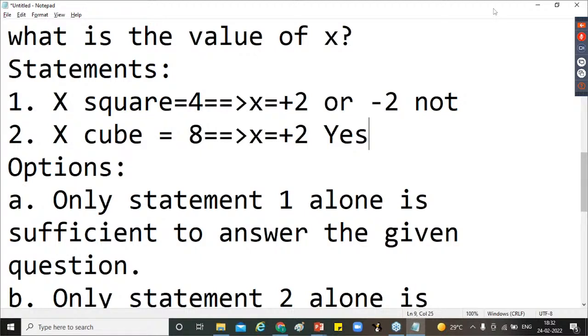So write down. In data sufficiency problems, they give a question followed by two or three statements.